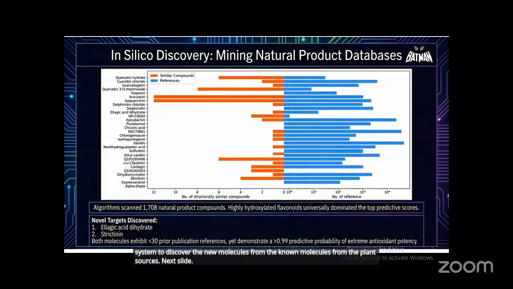This is the statistical analysis studied by the scientists, showing the advantage of the databases to study natural products towards the antioxidant capacity. Next slide, please.